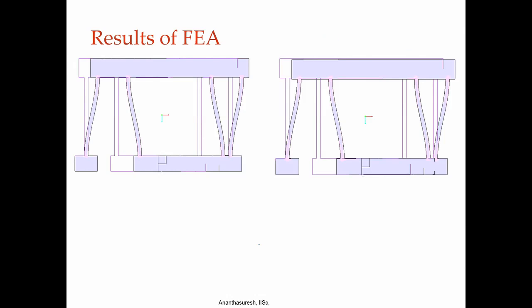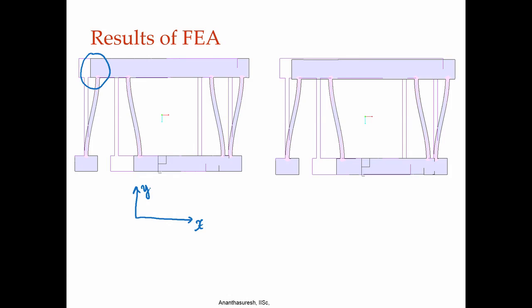If we take this, again one of them is linear and the other is nonlinear. How do we tell them apart? If you focus your attention here, in this case the upper platform is moving purely in the horizontal direction, let us call it horizontal and vertical instead of x and y.